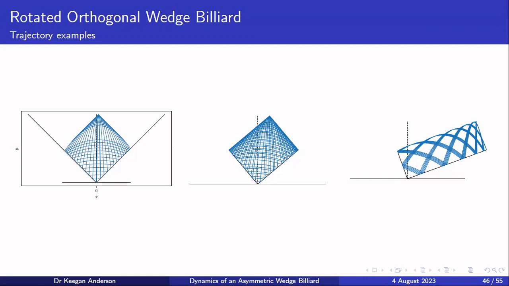So it comes back to this idea of what I discussed with the circular billiard, where if a certain condition is met, then we hope there's going to be periodic orbits. But if not, then the orbits are going to be dense.